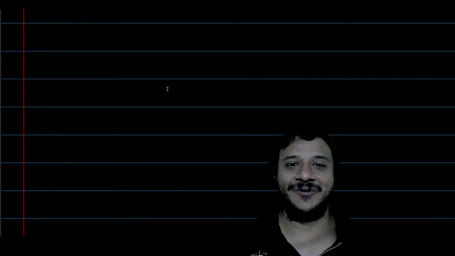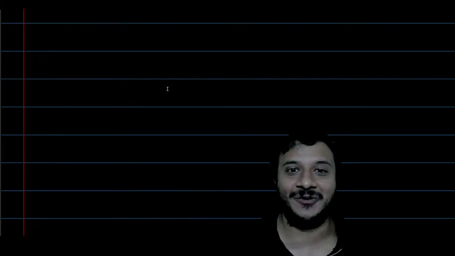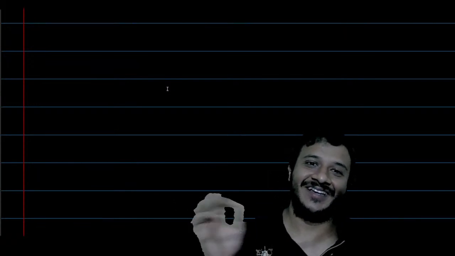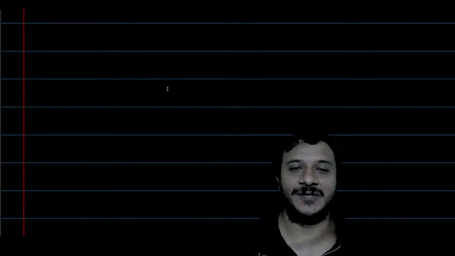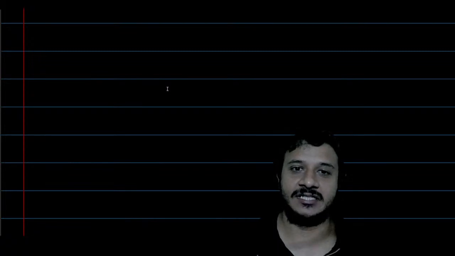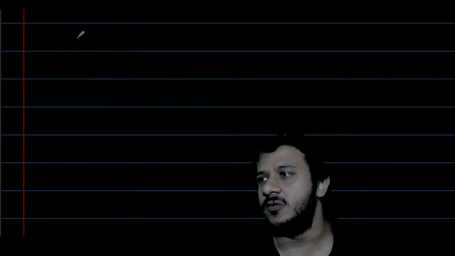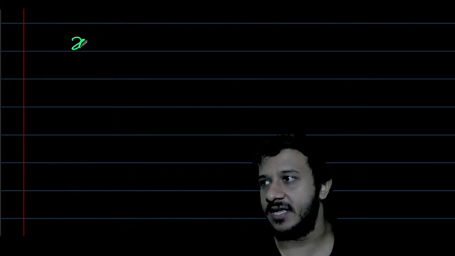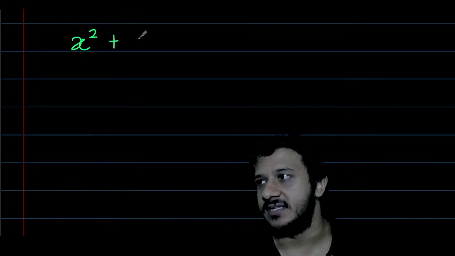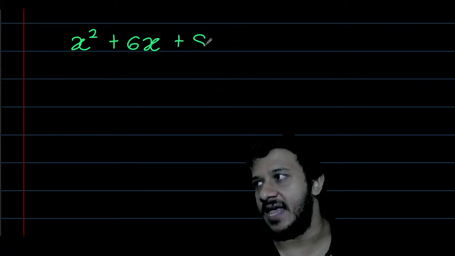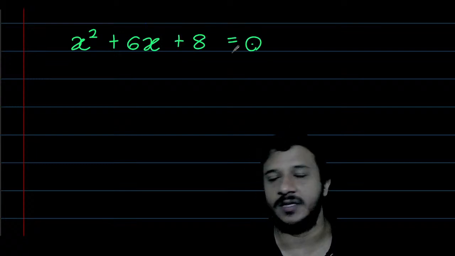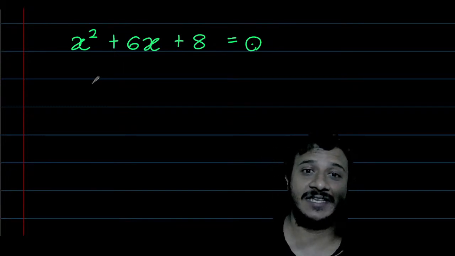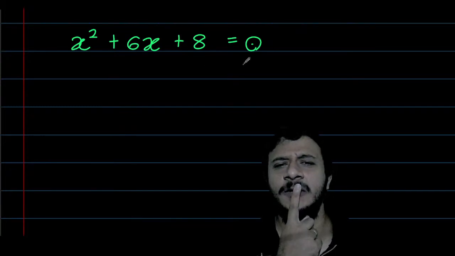Also it will help you to solve and get rational solutions as well. So let's say that we got an equation which looks like x squared plus 6x plus 8 equals 0.